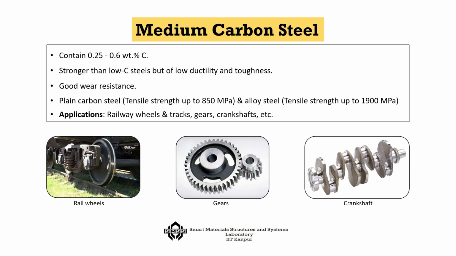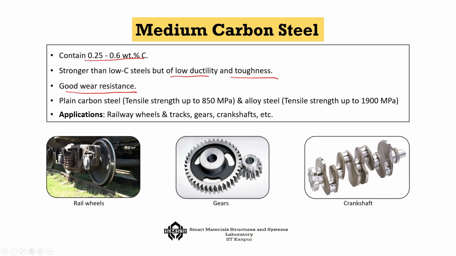Now, let us come to medium carbon steel. Medium carbon steel would contain about 0.25 to 0.6 weight% of carbon. So, that means as the carbon increases it is going to be stronger. So, they are stronger than low carbon steels, but of course, they will be low in ductility and toughness. Now, we will not use it as simply as that for automobile body, but we can use it for other applications because it has a good wear resistance.